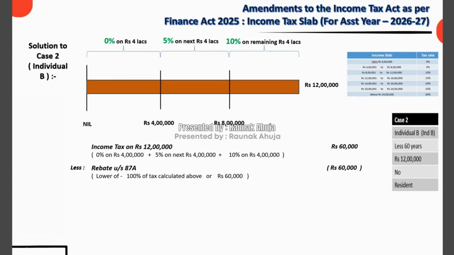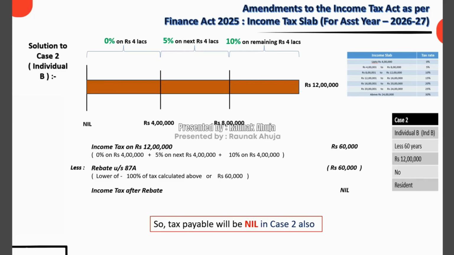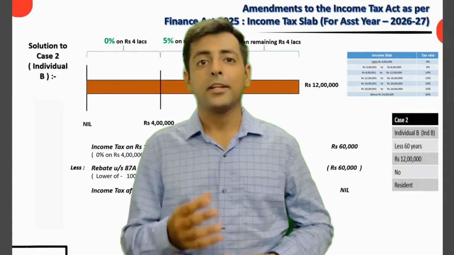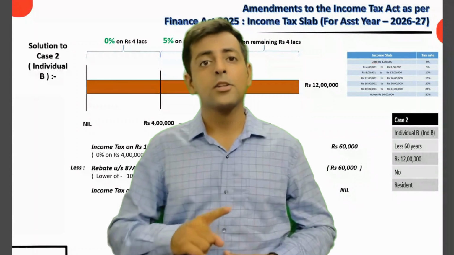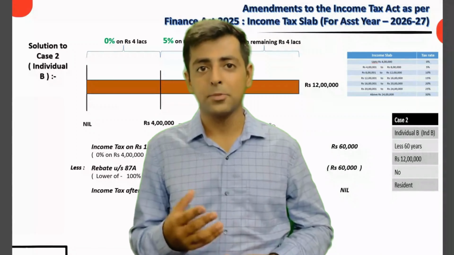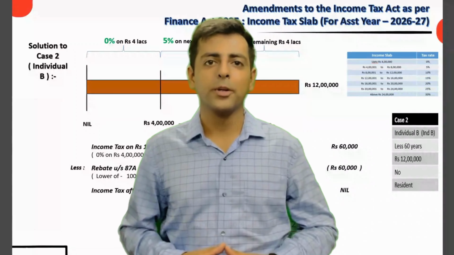In this case, 60,000. So, the tax payable after rebate is nil, and thus no tax will be payable in this case also. Now here again in the second case, there is no tax liability. This means no TDS would be required to be deducted.